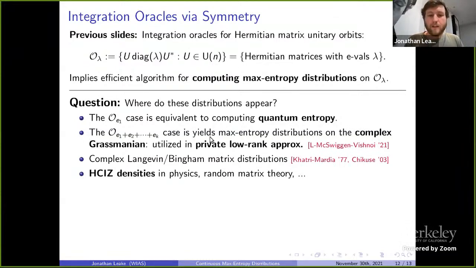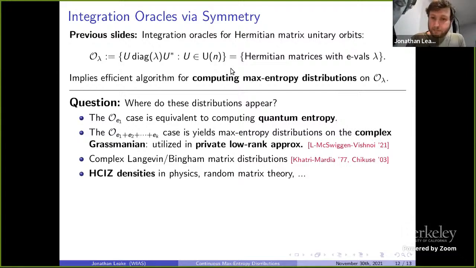But if you want to pick out the dimension K subspace corresponding to the top K eigenvalues of some matrix, and you want to do it in a random way that doesn't give away the matrix structure, then what you could do is look at these max entropy distributions and sample from the one associated to the particular matrix you started with. And like I said, that's in our future work, and I won't say any more about that.